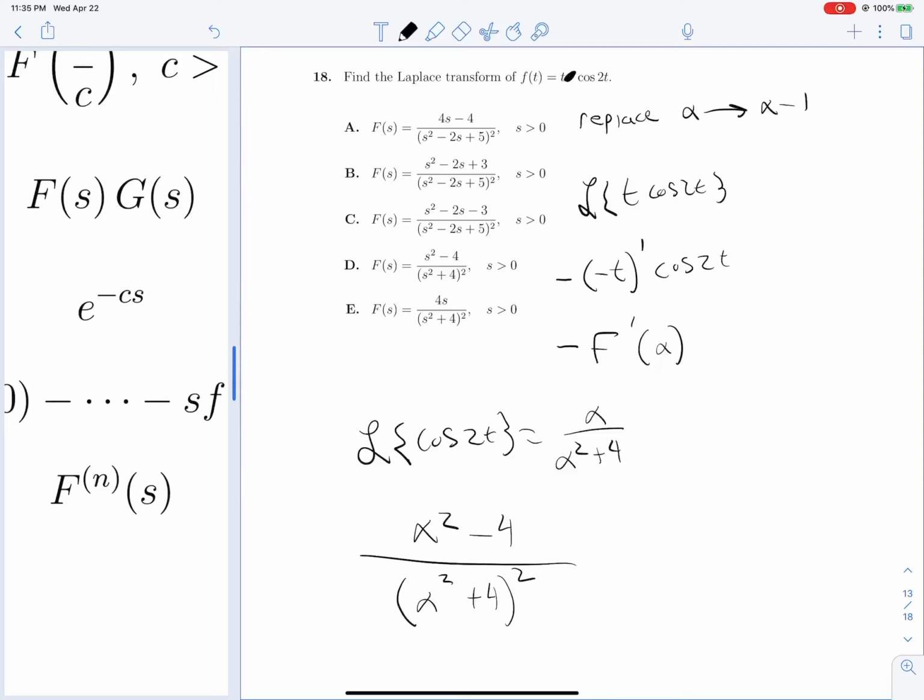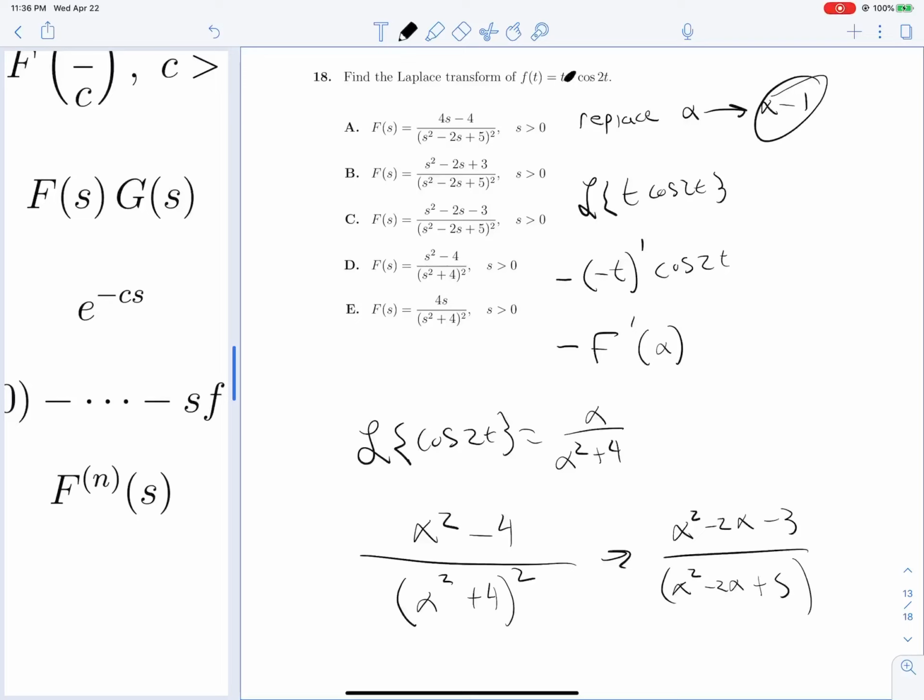We have to remember, at the very end, we were replacing alphas with alpha minus 1s. So this numerator, so we're applying that. This numerator will become alpha minus 1 squared, so alpha squared minus 2 alpha plus 1 minus 4 is minus 3 over, let's see, alpha squared minus 2 alpha plus 1 plus 4 is plus 5.